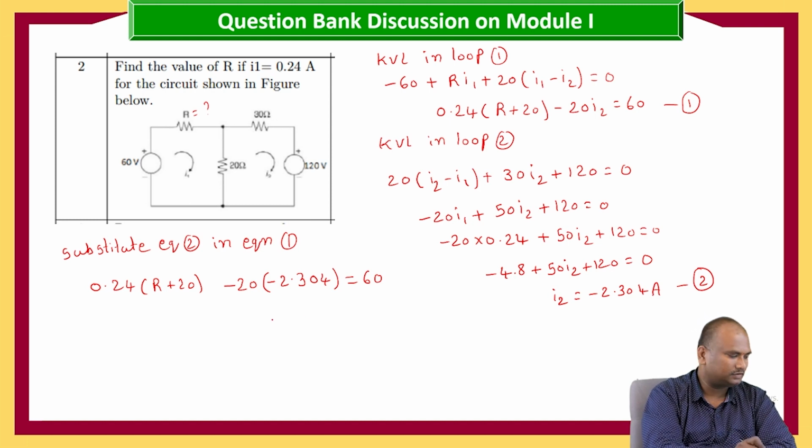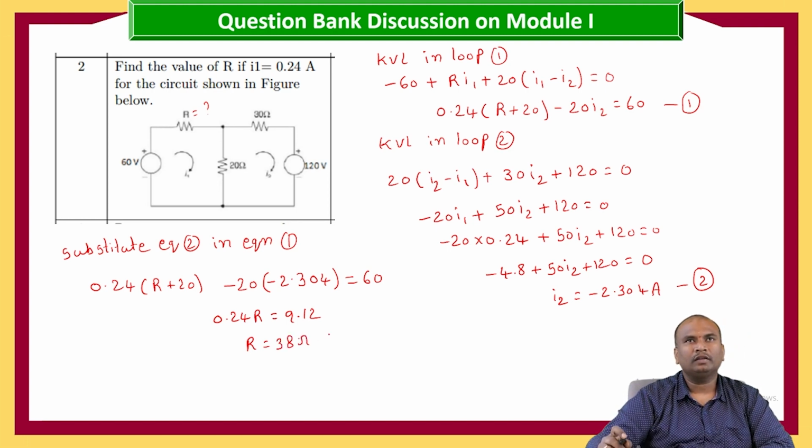From this, 0.24 R is equal to 9.12, where R is equal to 38 ohms. So this is the way we calculate any other parameter by using mesh analysis.